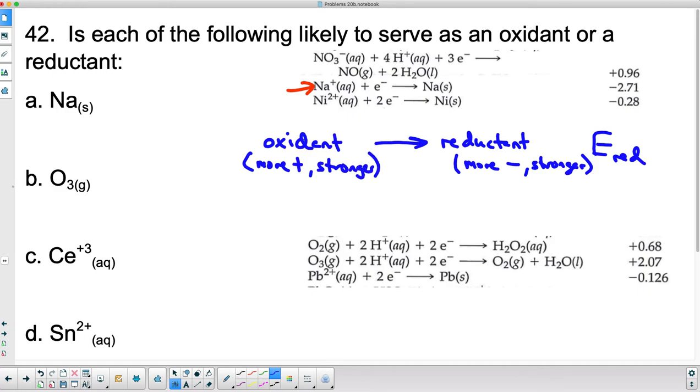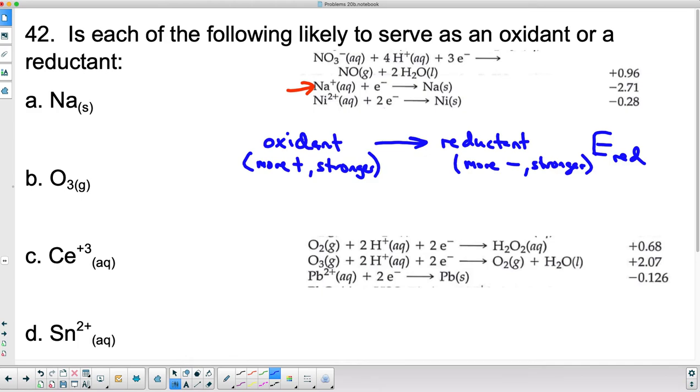So that means if I have something on the left-hand side and the E reduction is positive and big, like 2 point something or 3 point something, then it's very strong. If I have an oxidant but it's negative, then I have a weak oxidant.